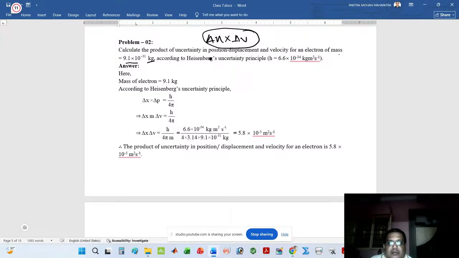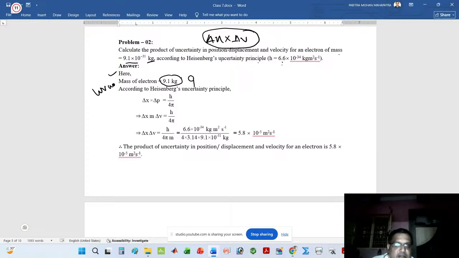According to Heisenberg uncertainty principle, here h value is given. That is 6.6 into 10 to the minus 34 kg into meter square into second inverse. Here I can write mass of electron is 9.1. Sorry, the value is given wrong here.